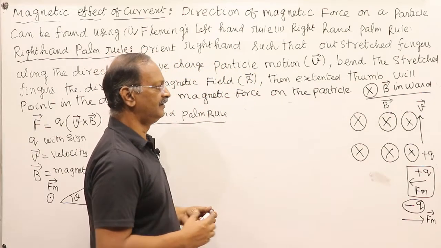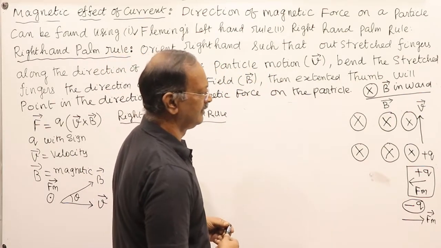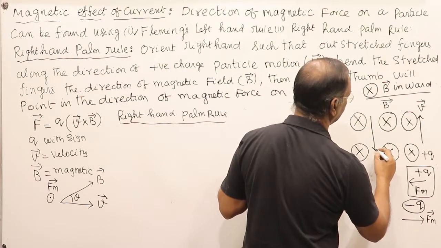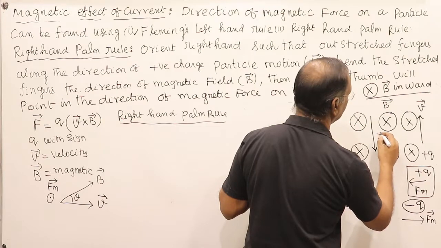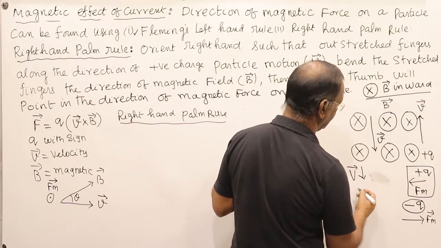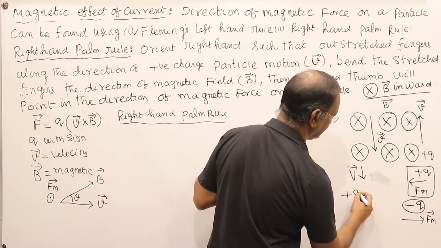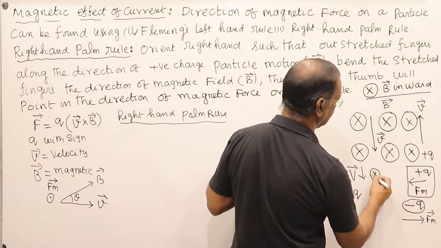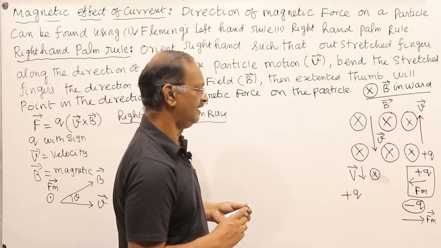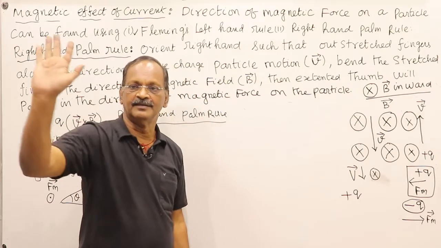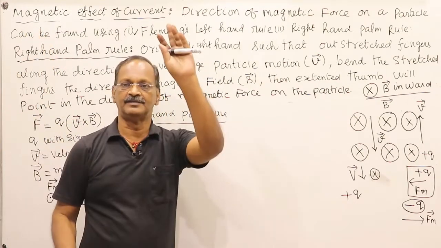Okay, now we have seen the upward direction, and now let us see the downward direction. The velocity vector of the particle is in the downward direction, for positive charge, and the magnetic field is inside. Use the right hand palm, never use the left hand.